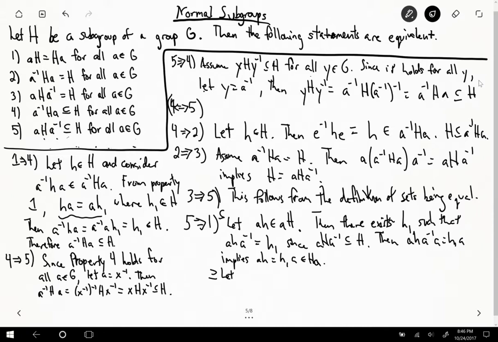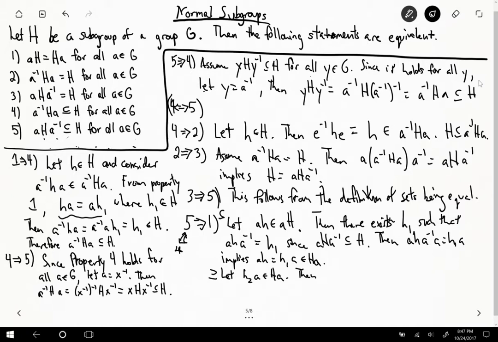So let's say we'll use H sub 2 and H sub 3. Let H2 A be an element of HA. Then, and by the way, since 5 and 4 are equivalent, let's just pull in 4 while we can.